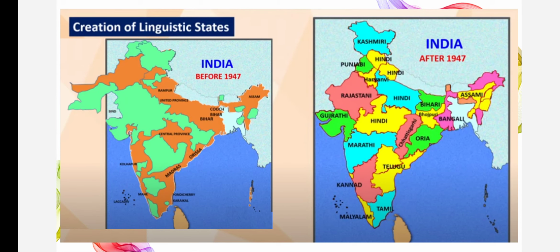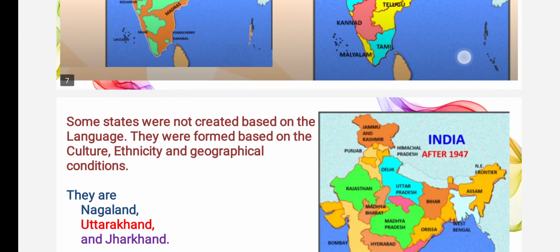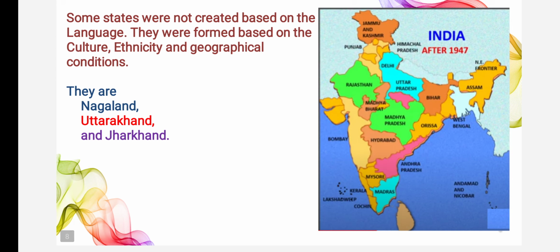The next challenge in our country was the creation of linguistic states, which means states on the basis of language. In 1947, the boundaries of several old states of India were changed in order to create new states, to ensure that people who spoke the same language lived in the same state. But some states were not created based on language due to their culture, ethnicity, and even geographical conditions.